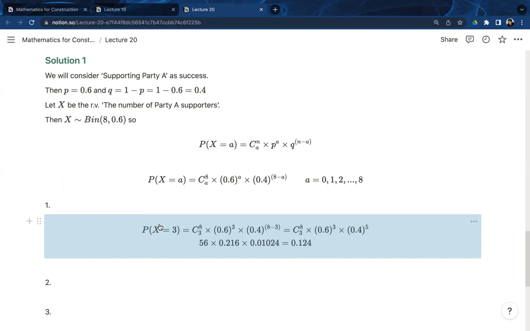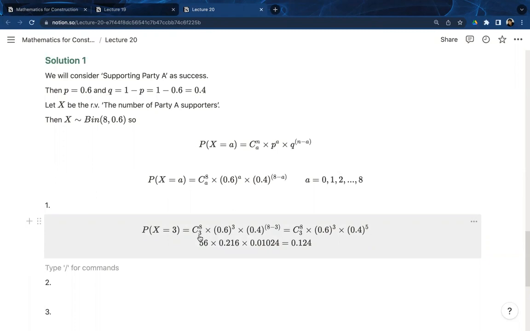So if you have 8 experiments, how many ways could you have 3 successes in 8 experiments? Does 8 choose 3, right? You make 3 choices out of 8. Right? That's 56 possibilities where you could choose 3 from 8. And then you multiply that 56 by the probability that somebody is a supporter, in that occurrence.